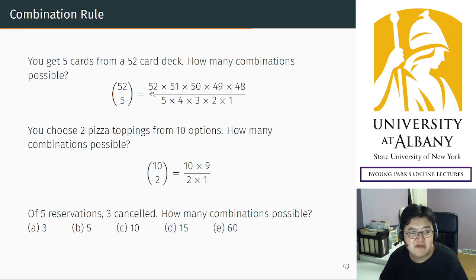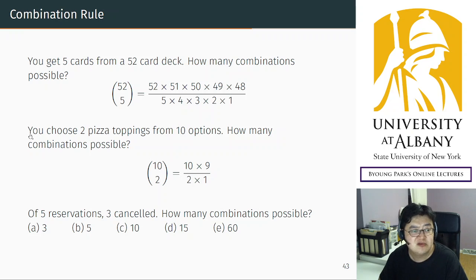So you are multiplying 5 numbers, 1, 2, 3, 4, 5, starting from 52 and going down to 48. So you are multiplying the same number of numbers in the numerator and the denominator, but their starting points are different. Starting points are given by these two numbers, right?